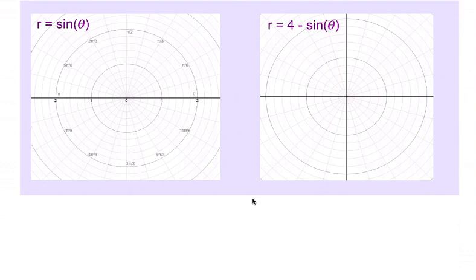So let's take a look at what it would be. When theta is 0, sine of theta is also 0. So we start at the pole again. But as theta grows, by the time we get to pi over 6, the sine is 1/2, which is actually not there, sorry. 1/2 is right here.